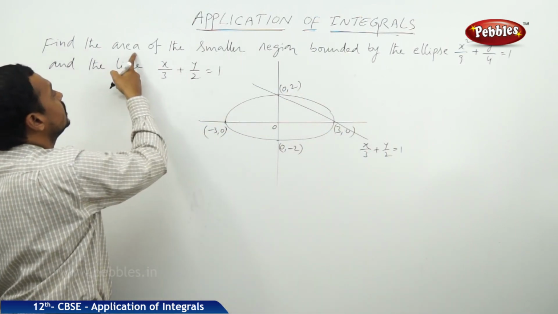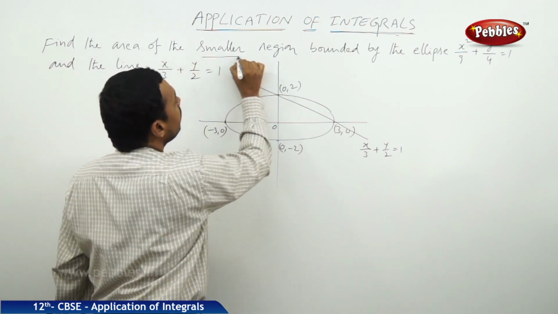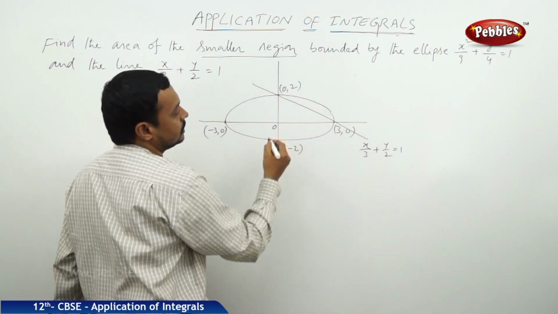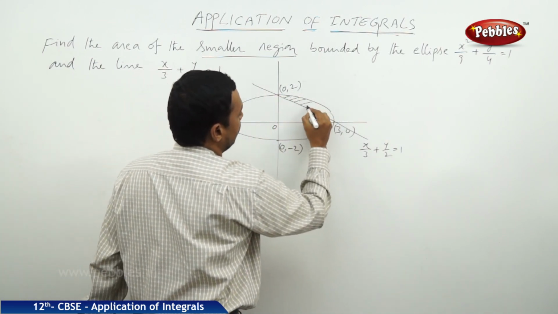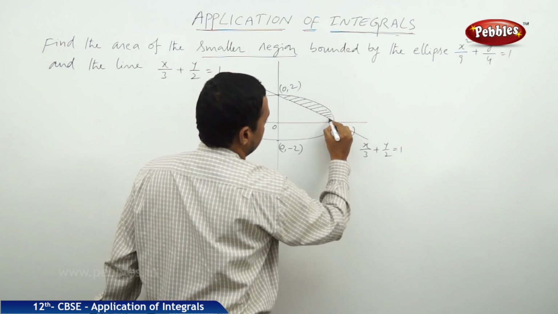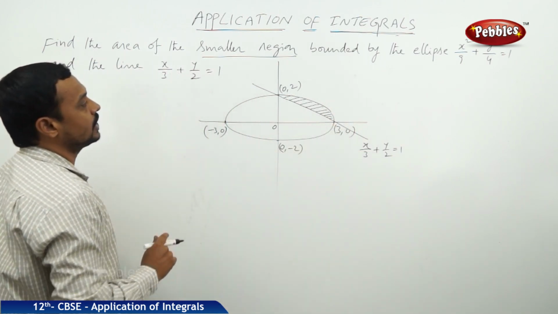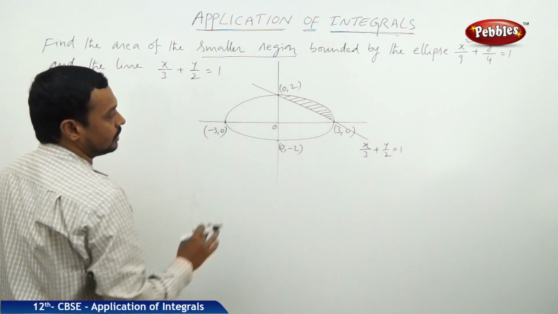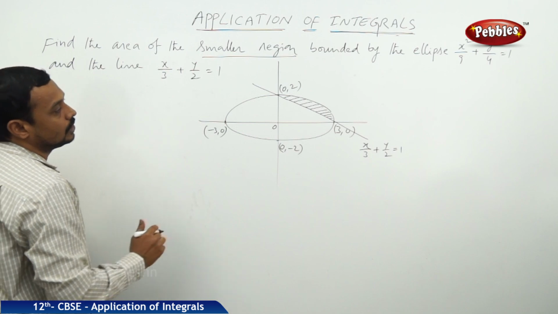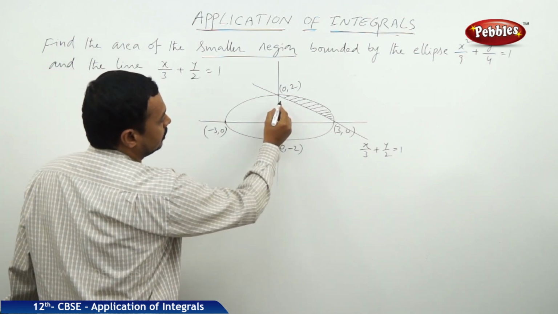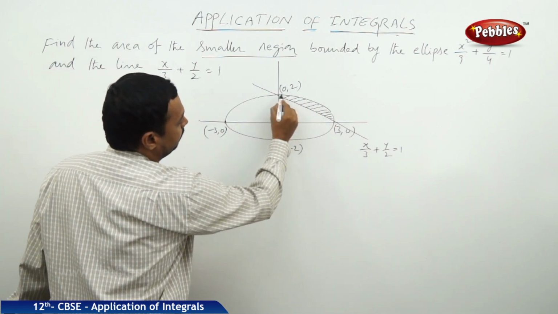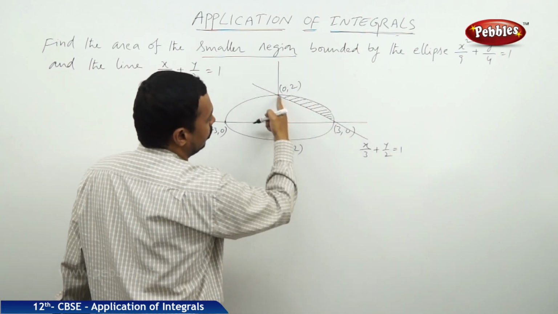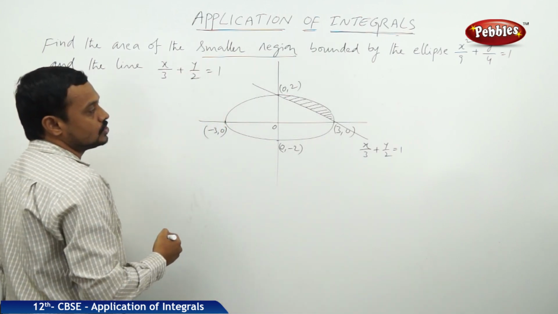Now the question is the area of the smaller region bounded by the ellipse and the straight line. So this is the region, the smaller region. That is the smaller region between the ellipse and the straight line. Now we have to find that. But how? Here you see, the upper curve is the ellipse and the lower curve is the straight line.